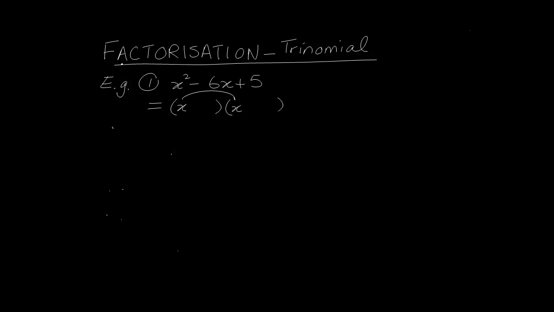Now, the other two terms within the brackets are found from the number on the end as well as the coefficient of x in the second term. If we hone in on this number on the end, what I need are two numbers that multiply to give me positive 5, and those same two numbers need to add to give me negative 6.